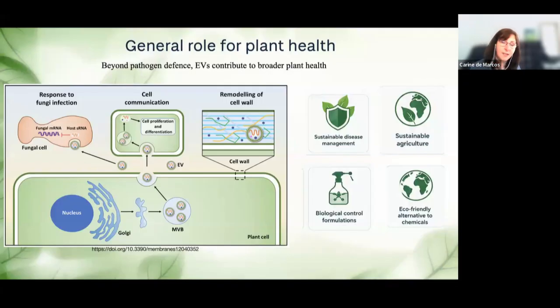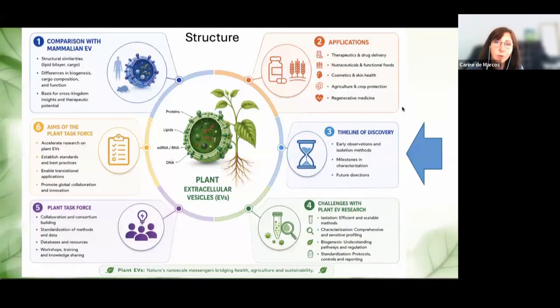So we could also see that the application of plant extracellular vesicles is very important in terms of sustainable disease management, sustainable agriculture, maybe creation of alternative chemicals, eco-friendly EVs that are allowed to fight against pathogens without being dangerous chemicals, so better biological formulation, basically. So all these applications make plant extracellular vesicles and plant-derived vesicles very interesting compared to mammalian EVs, so I hope I convinced you of that.